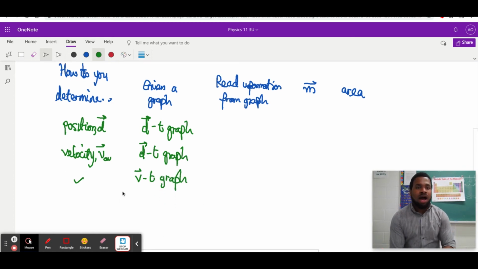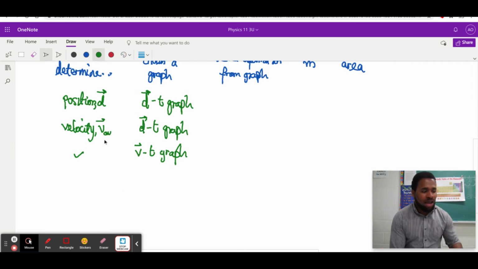or you're asked in this case here to find the same velocity, but this time you are given the acceleration time graph. And another one is when you're asked to find the acceleration and you're given the velocity time graph.